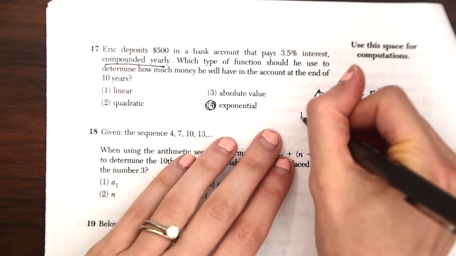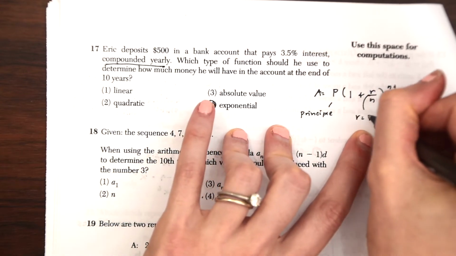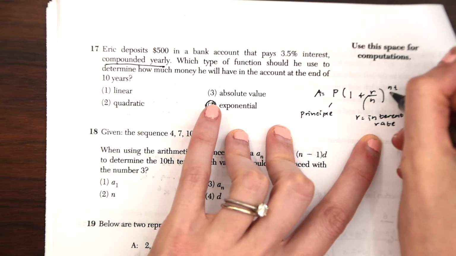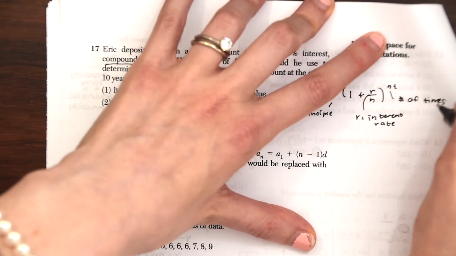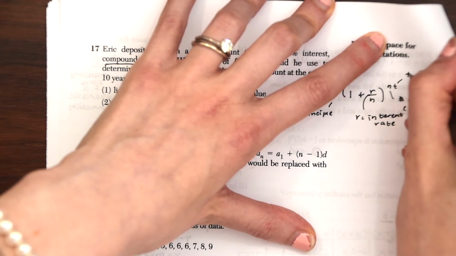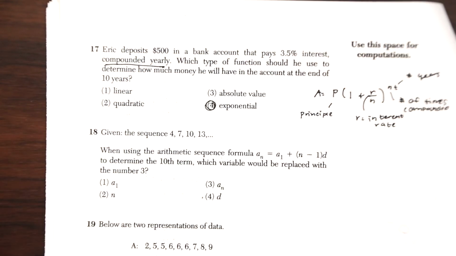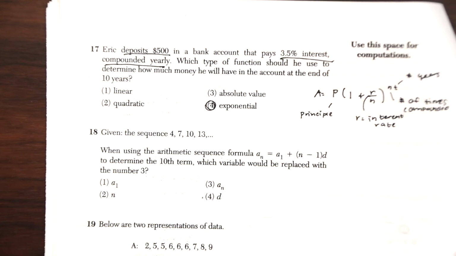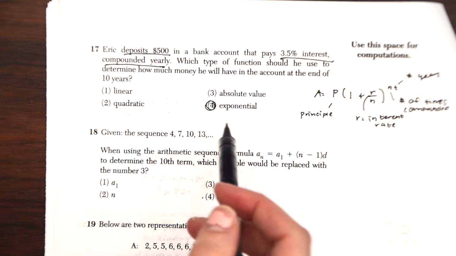P is always the principal, R is the interest rate, N is the number of times it's compounded, and then T is the number of years. So whenever you see money like this, you know that it's going to involve this formula and be exponential.